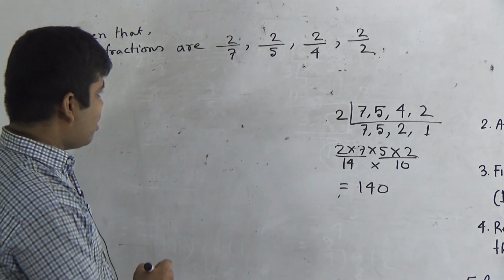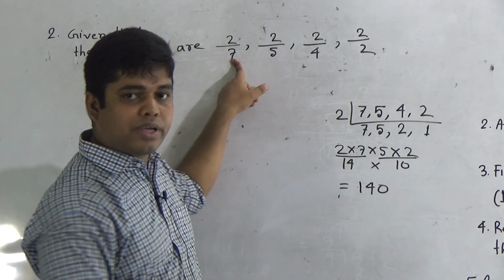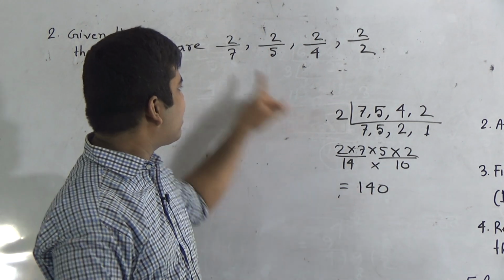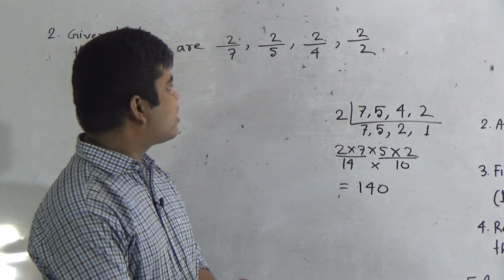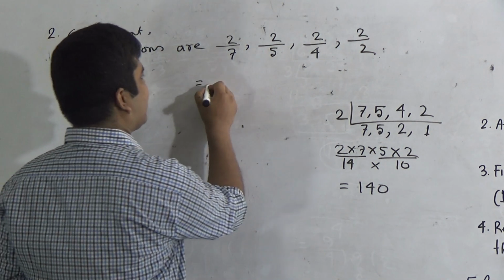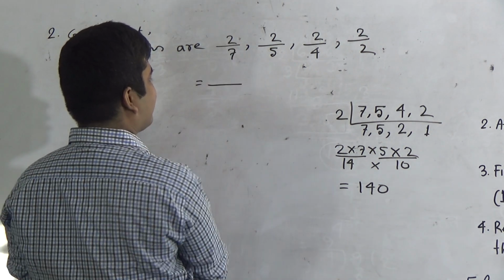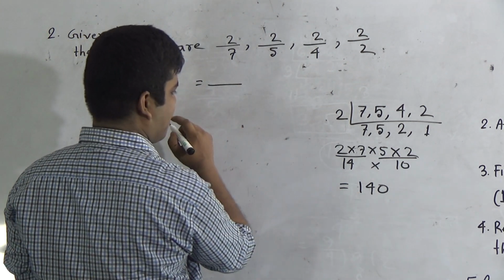Now we divide this 140 by this 7 and we get 20 in each section. Now we multiply numerator and denominator by this 20.